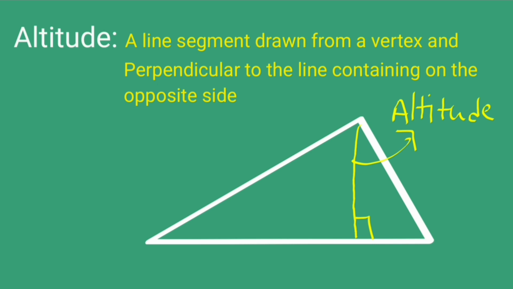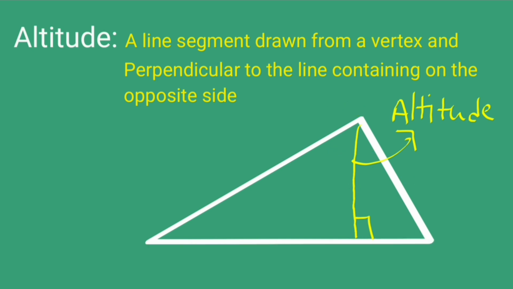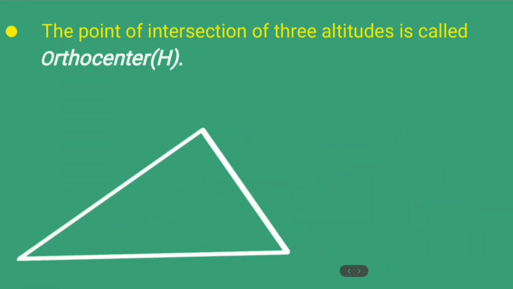Altitude is a line segment drawn from a vertex and perpendicular to the opposite side. Altitude starts from a vertex and meets the opposite side perpendicularly. Okay. Next.